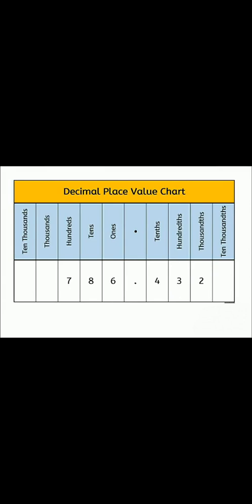Tenths is for 1 upon 10, hundredths is for 1 upon 100, and thousandths is for 1 upon 1000. If we represent any decimal number in the decimal place value chart, we can represent it like this, as I have shown.